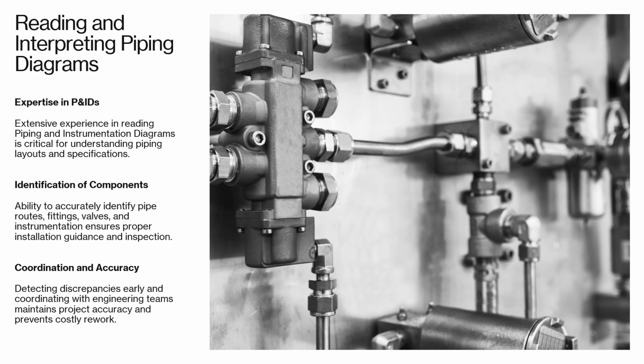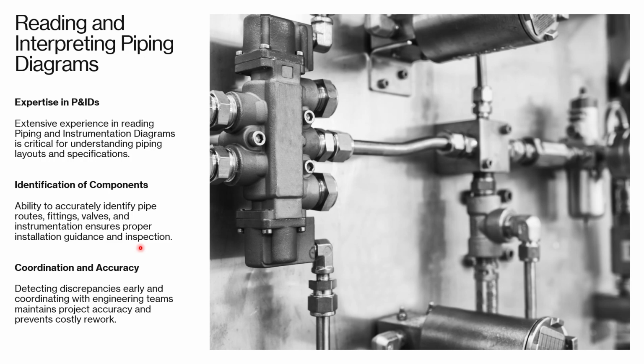So friends, these documents are essential for understanding the layout and specifications of a piping system. So you can accurately identify pipe routes, fittings, valves, and instrumentation, which allows you to guide the installation and inspection process effectively.